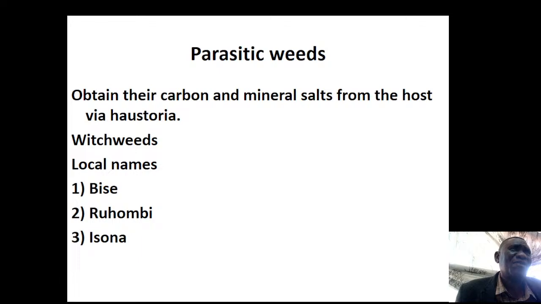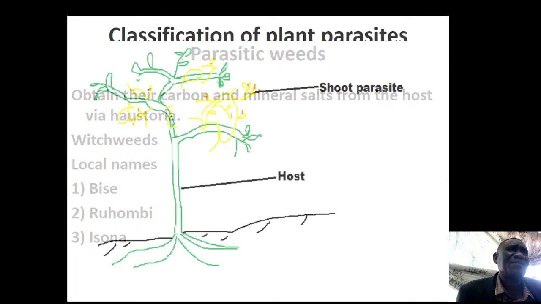The local name for parasitic weeds is witch weeds. This is actually the common name. Local names, we have Bise, Ruombi, and Isona, depending on where you are in Zimbabwe.